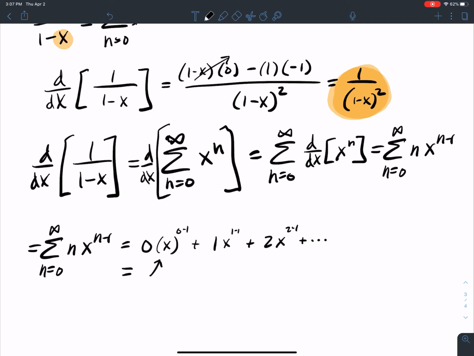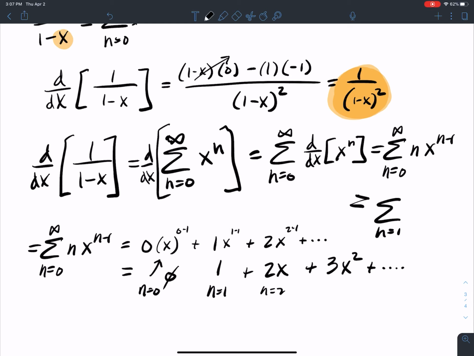That first term goes away, okay? So that n equal to 0 goes away. n equal to 1 is just 1. And then n equal to 2 is just 2x. And then what? 3x squared and so on, right? So really, this series is equal to the sum from n equal 1 to infinity of n x to the n minus 1.